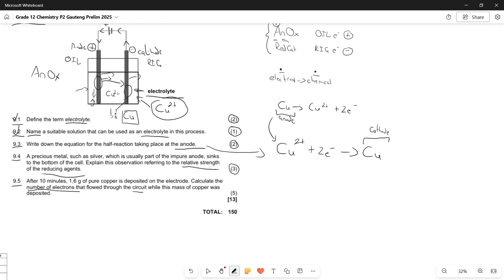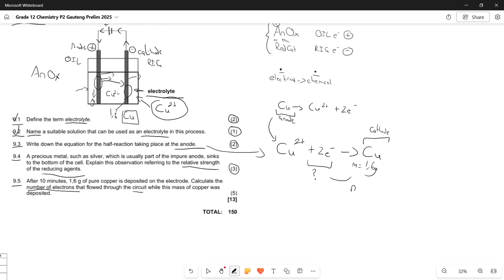But what this means is that if we are going to do some sort of molar equation over here for this one, we have 1.6 grams of pure copper that was delivered on the cathode. We want the number of electrons over here. We don't know how many electrons we have over here, but we are in an equation where we can get to moles and then work with the moles in this equation to calculate the number of electrons that we need.